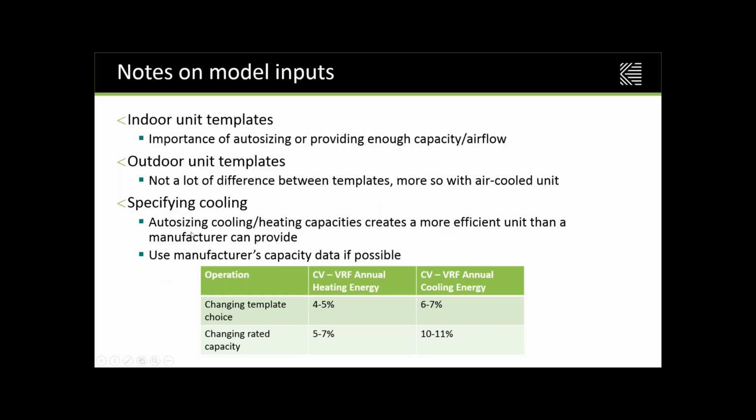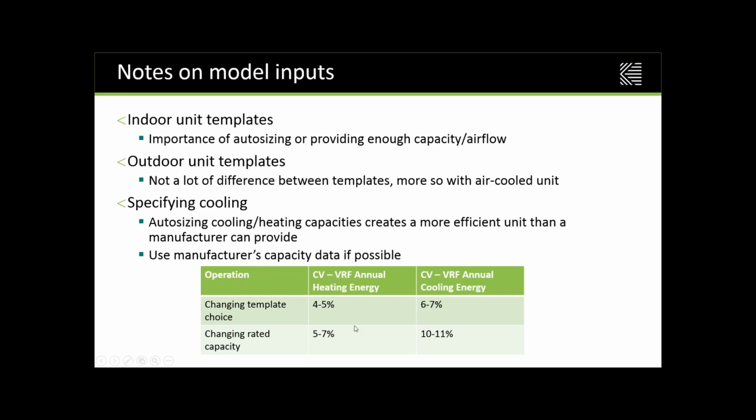So I encourage you, if possible, to go find a manufacturer's data sheet and use that data to populate your model. Otherwise, you'll end up modeling a more efficient system than you could possibly install.